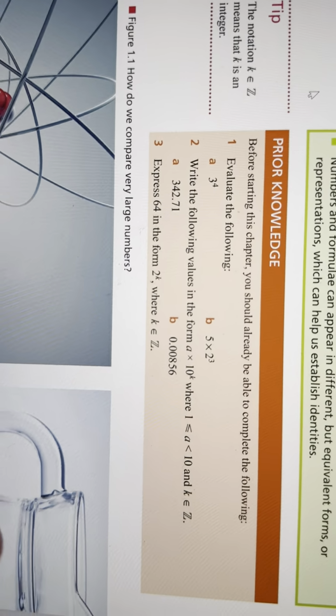So n amount of a disappear from both bottom and top, and what is left is only m minus n amount of a multiplied together.